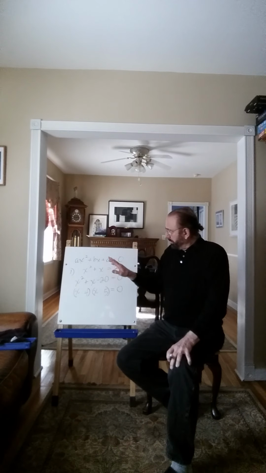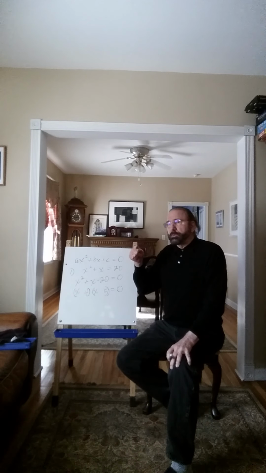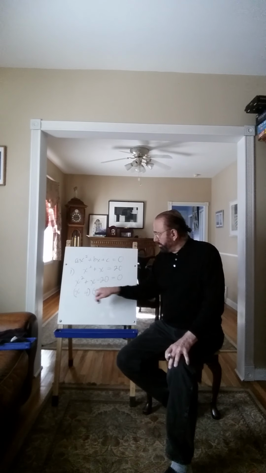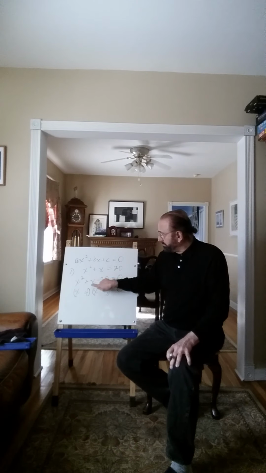Once again, and I've said this to you before, when you look at this constant term, you're looking for numbers that when multiplied give you this number, but when added give you the coefficient of the middle term. 4 and 5 does it for me. 2 and 10 doesn't. I'm never going to get a 1 adding different values of 2 and 10.